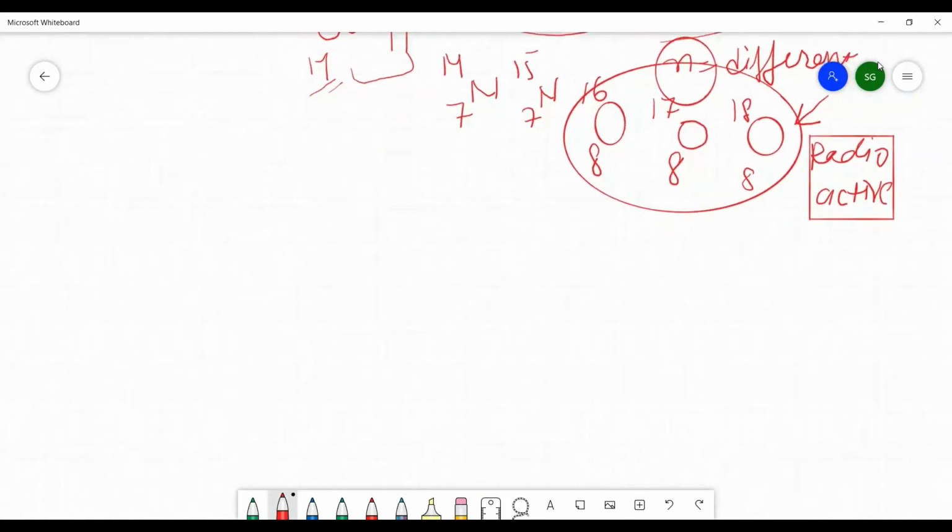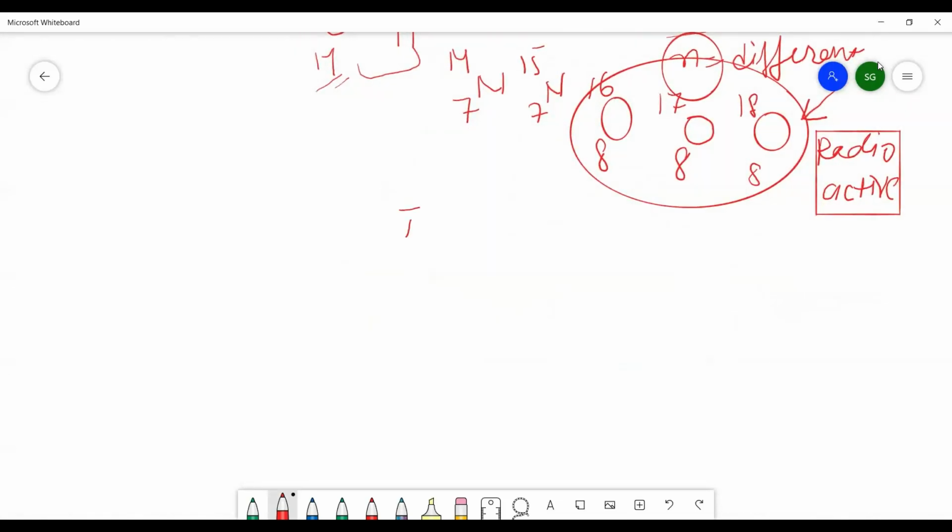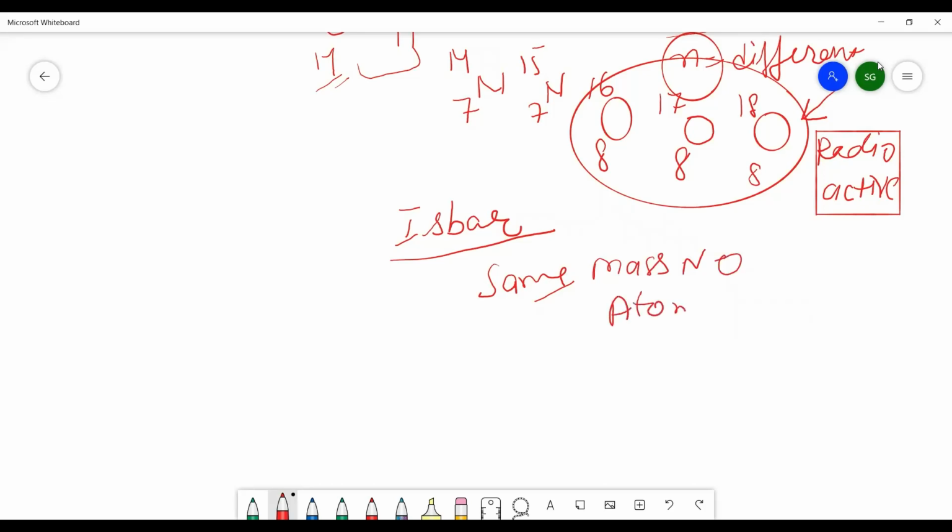Now, another one is isobar. In case of isobars, the atoms of different elements have the same mass number, but they have a different atomic number. In this case, you can easily see the same mass number and different atomic number.